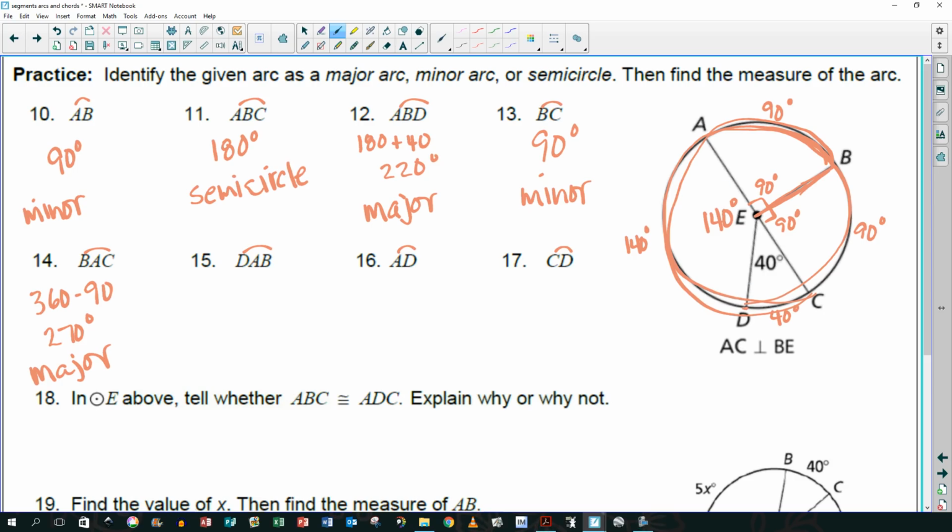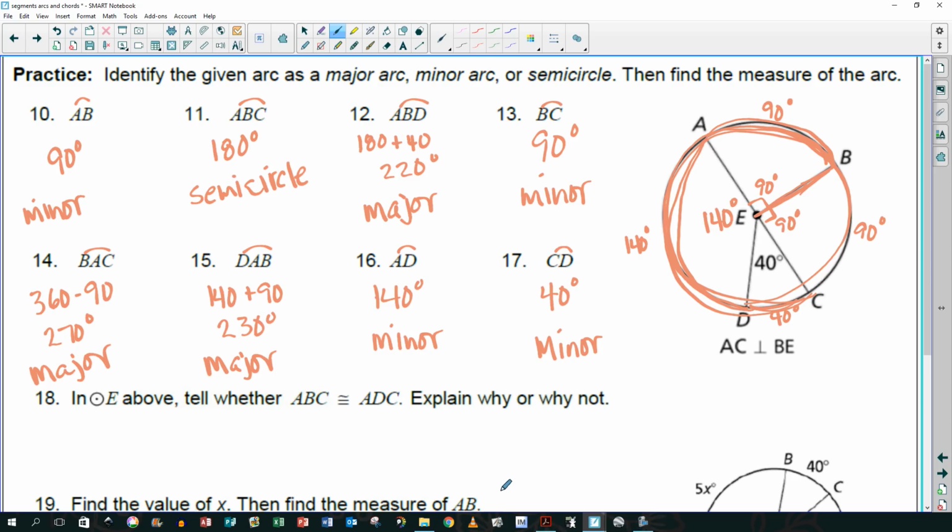DAB, D to A to B. Well, D to A is 140, and A to B is 90, so that's 230 degrees. Again, major. AD is this part right here from A to D, and that's 140 degrees. This would be minor because it's less than 180. And then CD is this little arc right here, 40 degrees. It is also minor. So pretty easy.